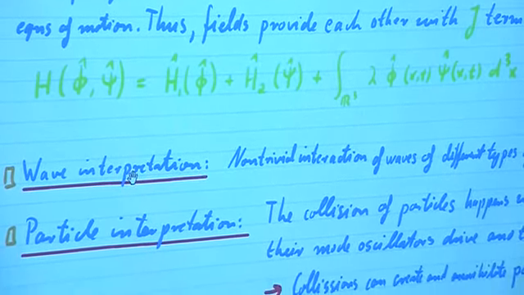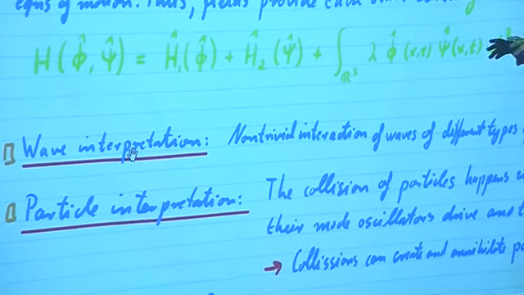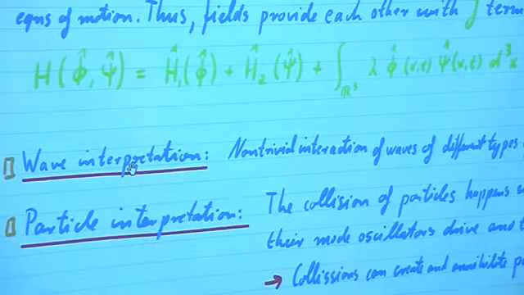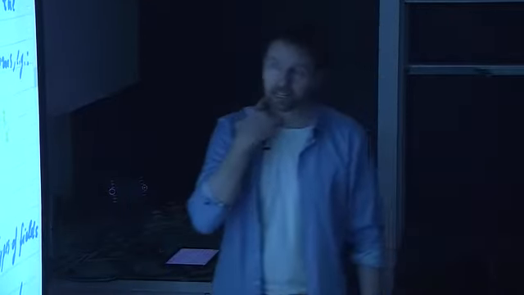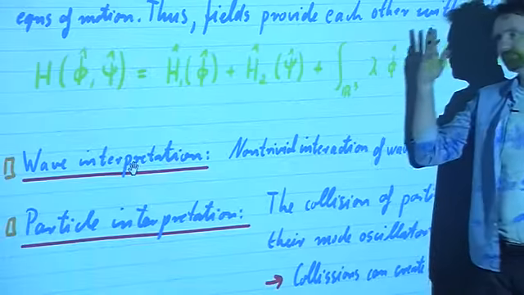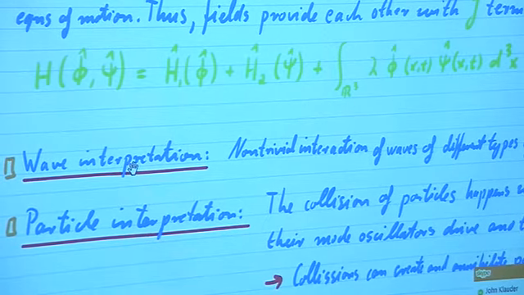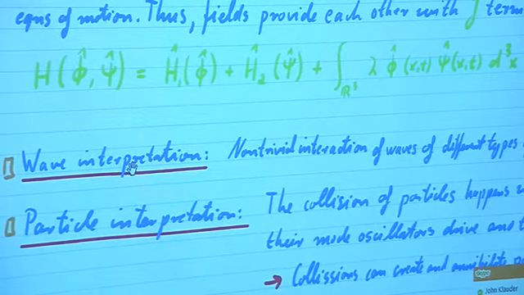On top of this, you can have fields that self-interact. For example, it is thought that the inflaton field is a scalar field that has a potential in its Hamiltonian which is of the form, for example, phi to the 4th, or maybe likely something a little more complicated.